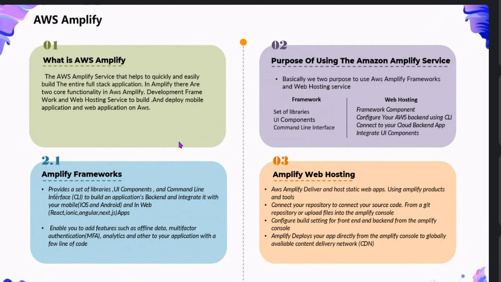The framework provides a set of libraries, UI components, and a command line interface to build the application's backend and integrate it with mobile applications, for example iOS and Android, and web applications such as React, Ionic, Angular, Next, and JavaScript applications.